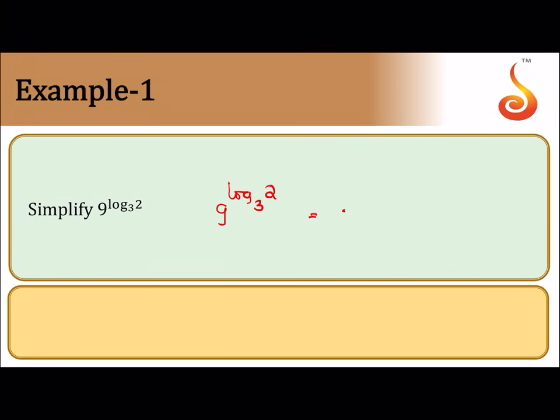So we'll do related problems, simple problems. We studied 9 to the power log base 3 of 2. So 9 can be written as 3 squared whole to the power log base 3 of 2. Right? So this can again be written as 3 to the power 2 log base 3 of 2. Just now we studied theorem number 3, so 2 will go inside.